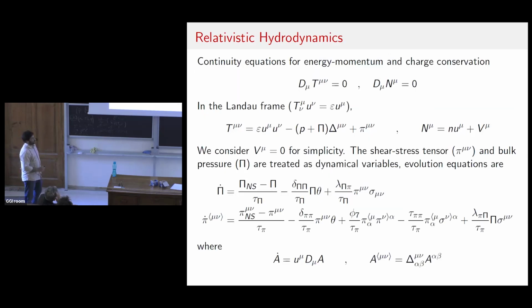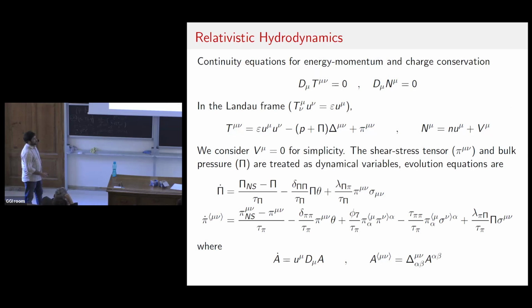On this slide, I will show the equations of numerical hydrodynamics that we are solving. These are the equations of conservation of energy momentum and charge. We work in the Landau frame, in which the energy momentum tensor and the charge current take these forms.